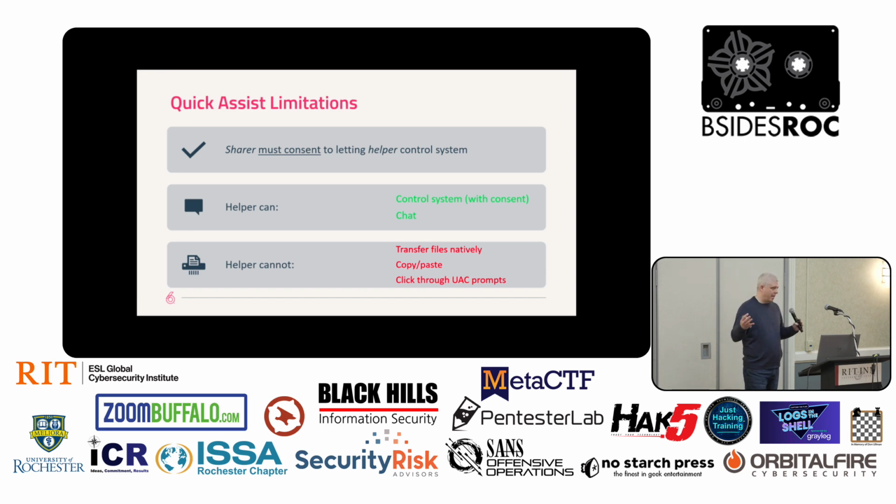If a UAC prompt happens, the sharer has to click through it. And of course, if that happens, IT is going to say, please click through this, and they're going to do that. But the helper cannot natively do this. I'm going to put a little asterisk on this because I really truly believe that you can actually do this because of the underlying protocols being used. Nobody has just gone through the motions to figure it out yet.